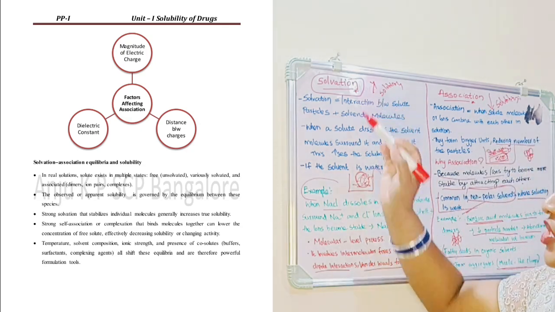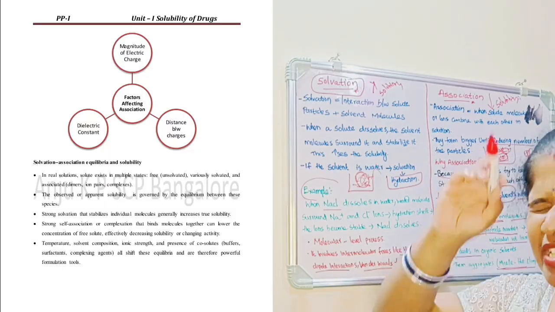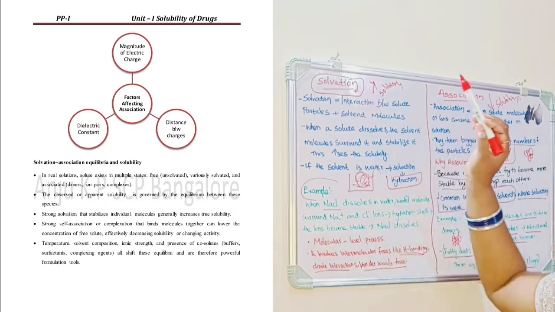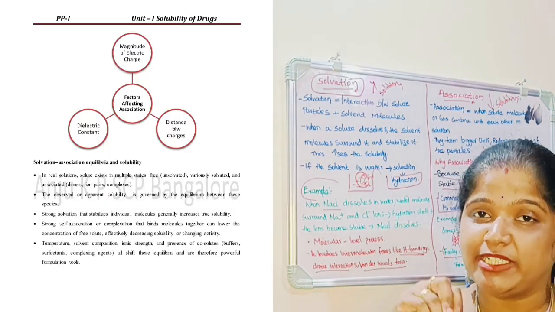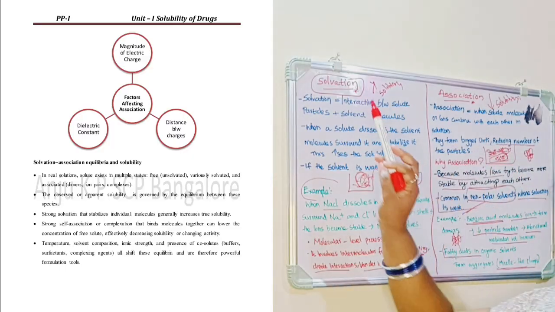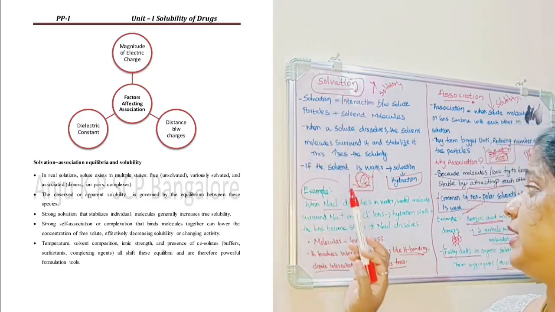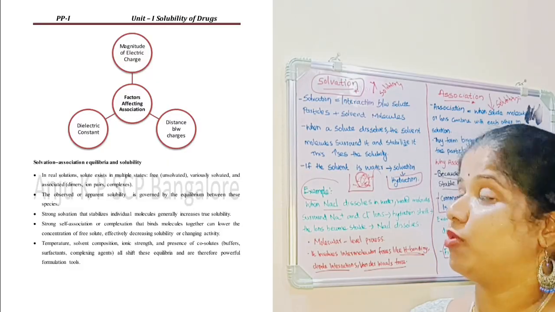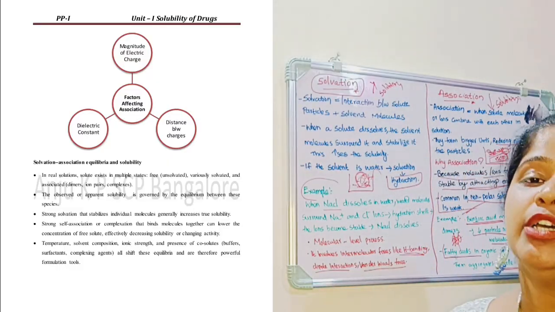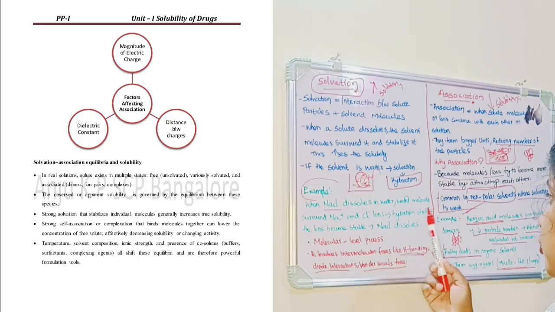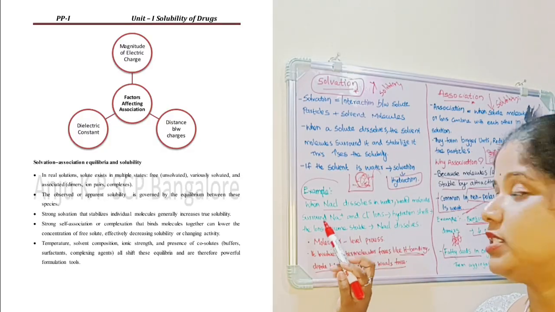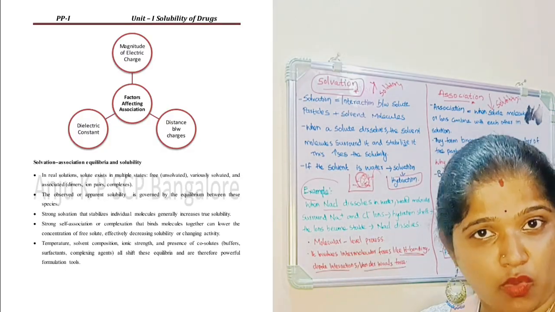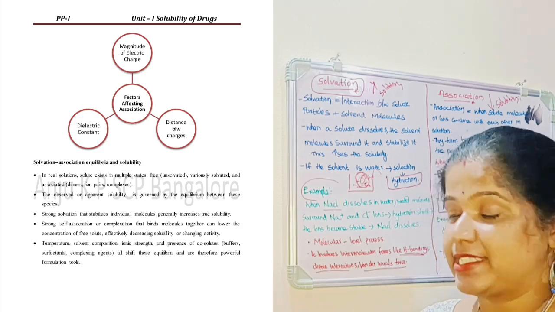In the case of solvation, the solubility increases, and in the case of association, it decreases. Solvation is especially for polar compounds, and association is for non-polar compounds. As examples you can give sodium chloride in water, glucose in water, iodine in hexane.